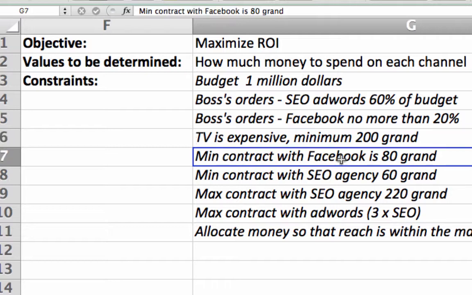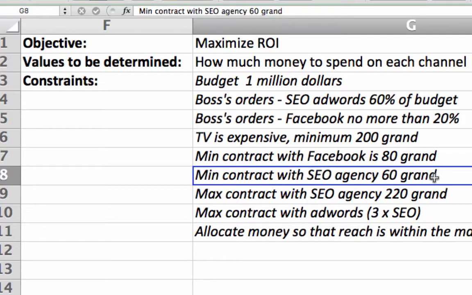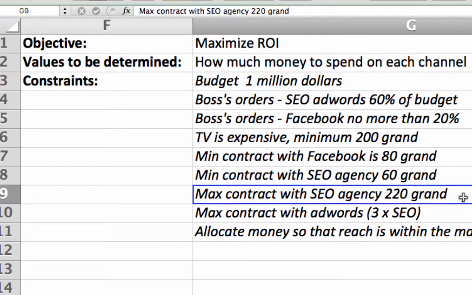You know that the minimum contract with the Facebook agency is 80 grand. They don't even listen to clients who aren't going to spend that much. The minimum contract with the SEO agency is 60 grand. And they also have a maximum. The SEO agency doesn't do accounts greater than 220 grand because they don't have the resources for that.